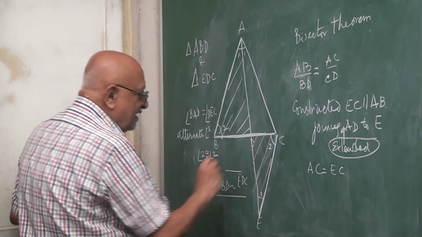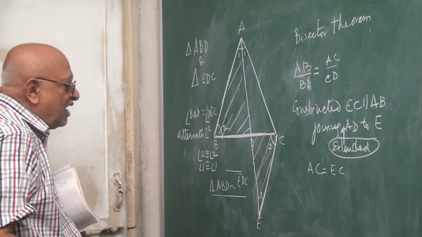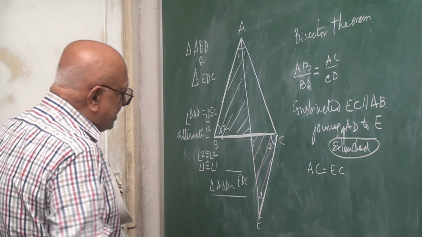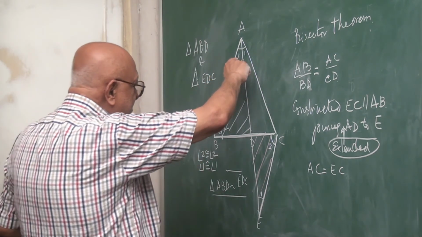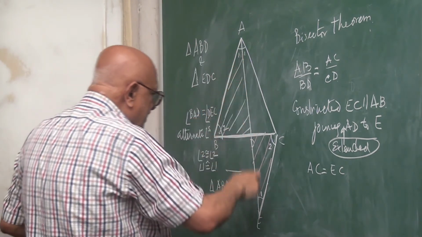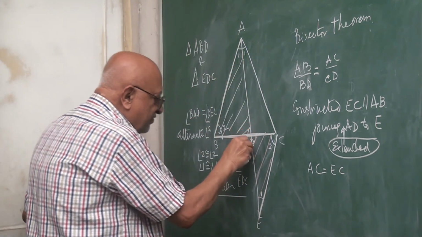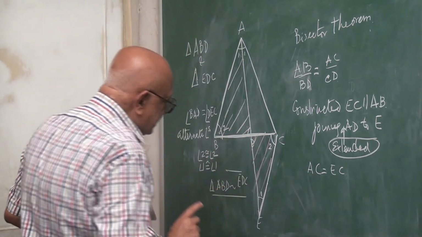Okay? Then I can start taking ratios. How do I take ratios? So you see, this is angle 1, and these two angles are also equal. Why? Because they are vertically opposite angles.